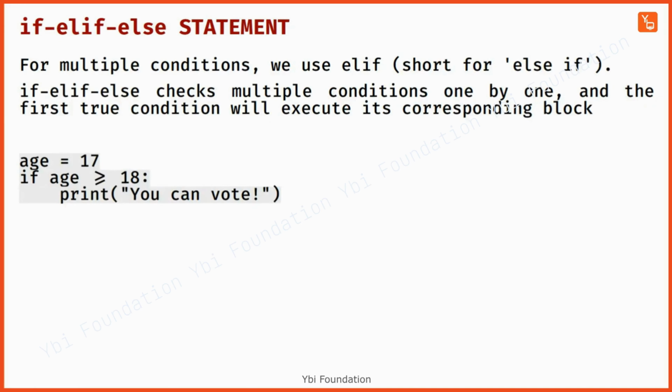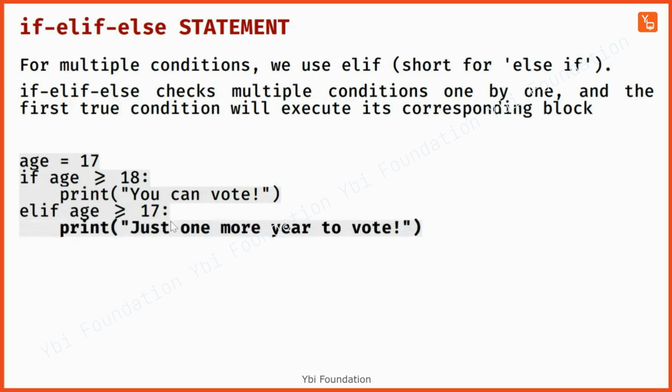Instead of else, we will add elif. Elif age is greater than or equal to 17 colon, print just one more year to vote. Because for this person to achieve 18 years of age, only 1 year is left. So elif age greater than or equal to 17, then this is the block we want as output.